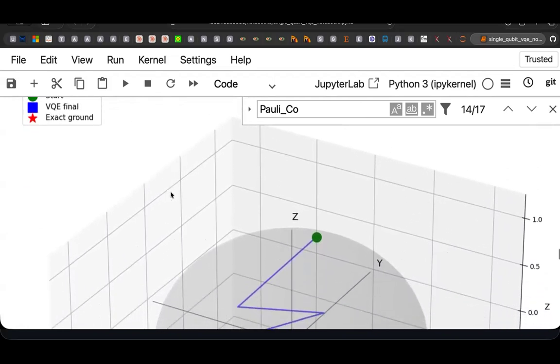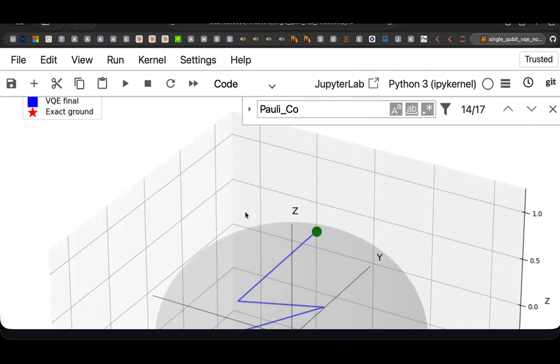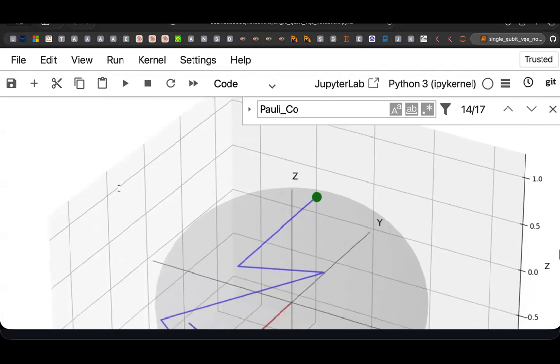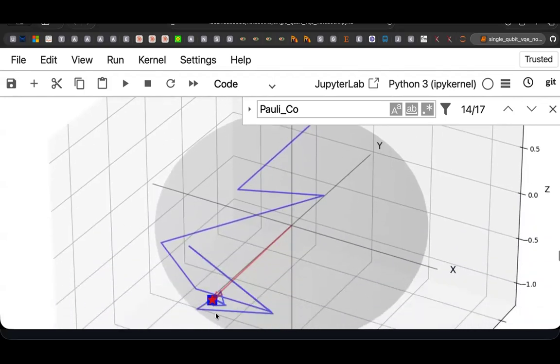This is a starting value. This was our initial guess. We started with some random values. And then we end up with the final VQE value, which is this one with a blue box. And then you have the star here, which is the exact value. And this gives you the trajectory which we are taking as a function of the different iterations.